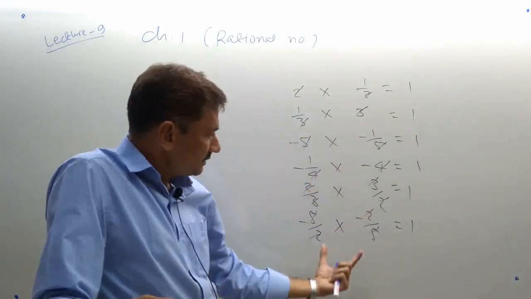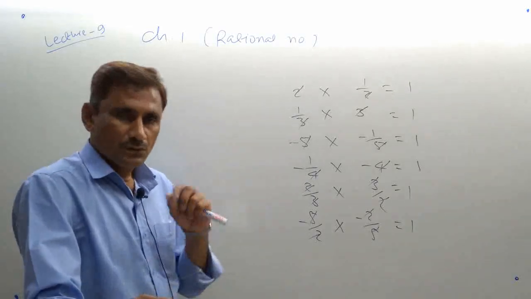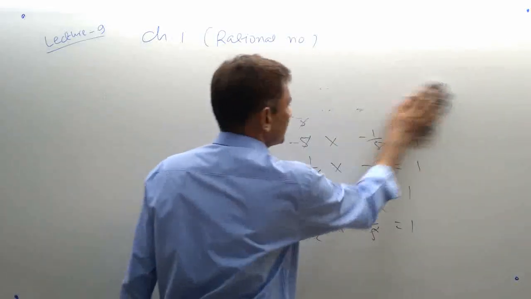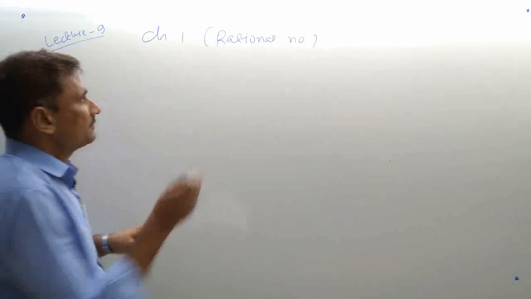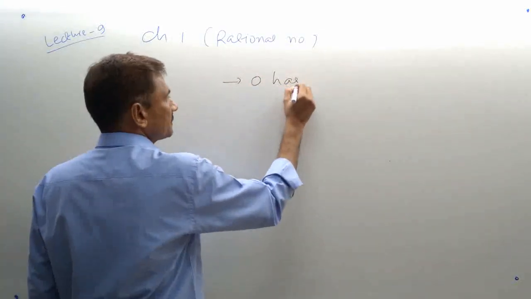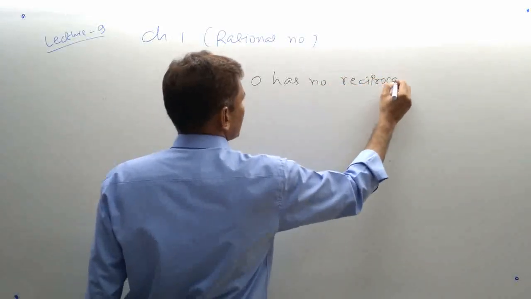Okay, so you can look here at so many examples. Now some extra things. 0 has no reciprocal. If you want, you can note down this point. First point regarding reciprocals: 0 has no reciprocal, because the denominator should not be 0.